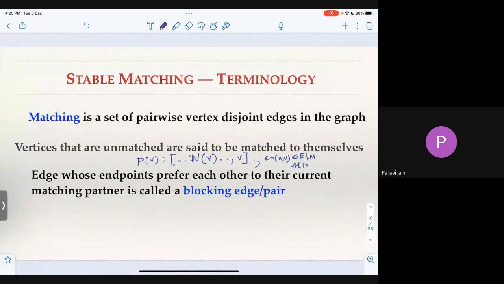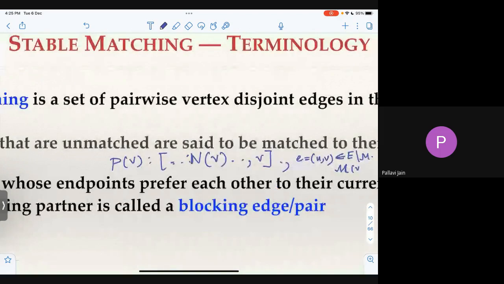Is the definition clear? Because this is the absolute basic thing that must be clear, else there's no point. Okay. Yes, so the preference list under normal circumstances would just be defined as a rank list over the neighbors.